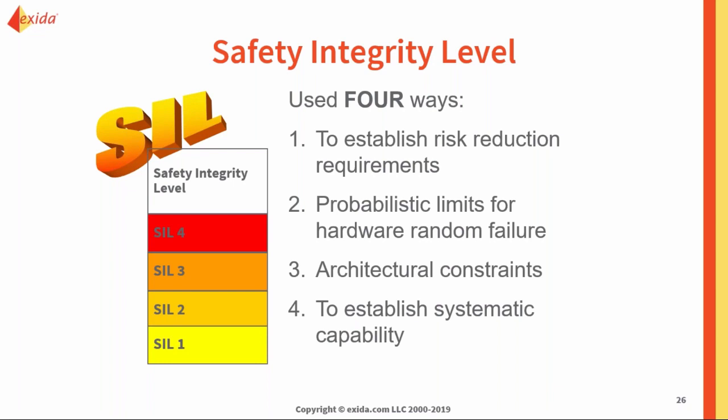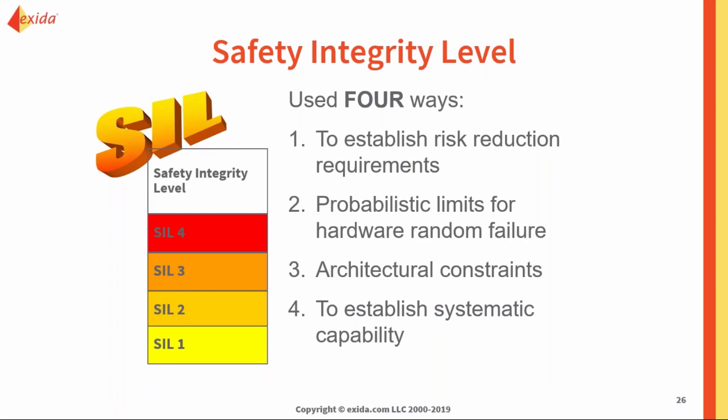Or is one of them a SIL 2 or maybe SIL 0 or not even SIL qualified? Is there some outlier? If there is, that can throw off the entire SIF. Once again, it's the lowest common denominator. If one of those pieces of equipment is not systematic capable rated, or has a lower rating, the entire SIF has tanked. It is a SIL 0 or whatever that lowest is.